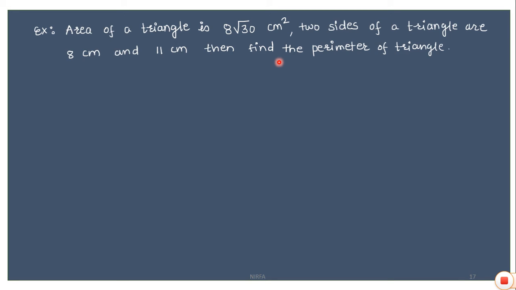So here also the area is given, and they are asking about the perimeter of the triangle. To find the perimeter, we need all three sides of the triangle, but here two sides are already given, and therefore the issue is only to find the third side. And area and perimeter are involved in this example. Therefore my intention is to use Heron's formula.